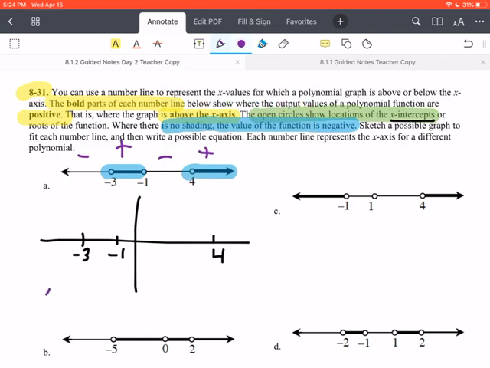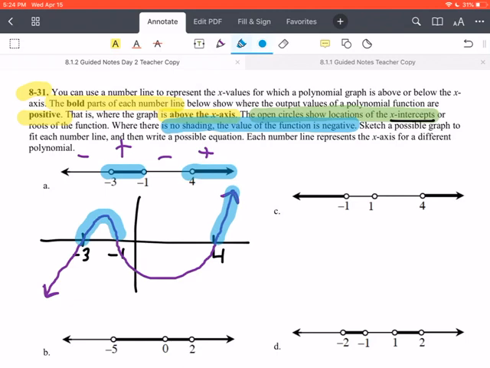So I'm going to go up toward -3, but then at -1, I'm going to dip below all the way till I'm at 4, which is another x-intercept, and then bold means it needs to be above. So we can see that in this region we are above the x-axis from -3 to -1, and from 4 to beyond we are in the positive region as well.